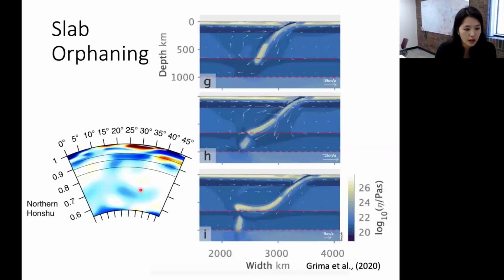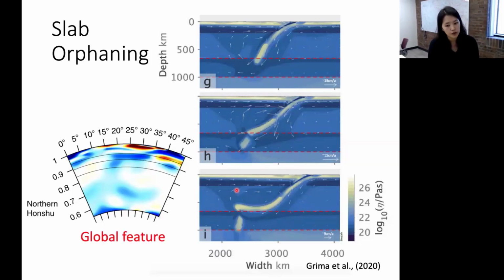For example, this is the same image I brought up earlier, and you can see that it's happening in multiple subduction zones here too. And Grima et al. learned that if you have a weak zone or low viscosity zone between upper and lower mantle, again, this feature becomes much easier to reproduce. So again, this might be evidence that such a weak layer is more of a global feature than a regional feature near the Tonga subduction zone.